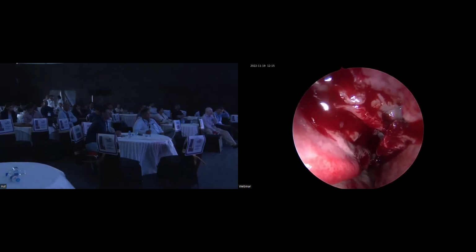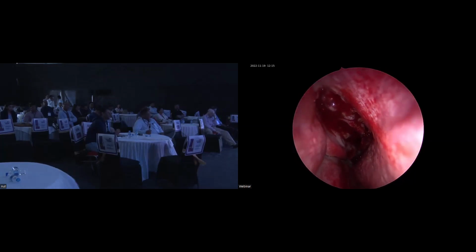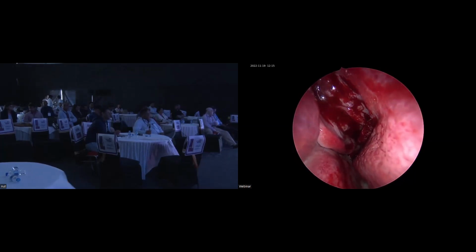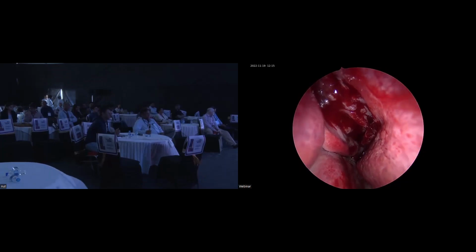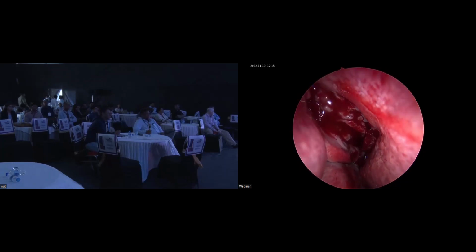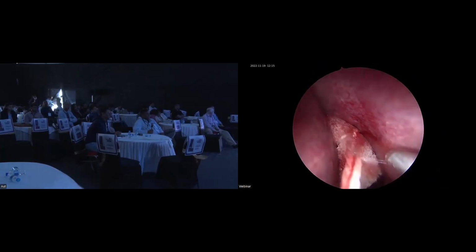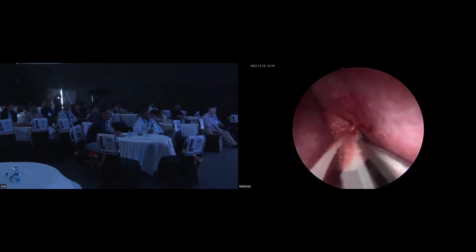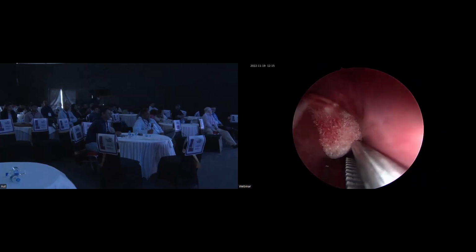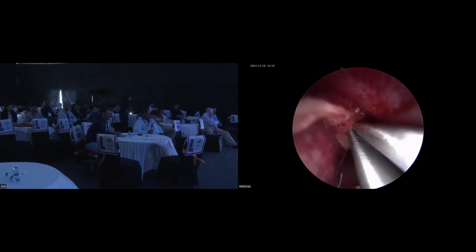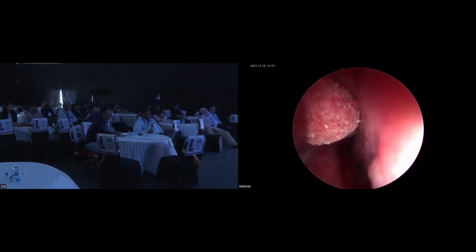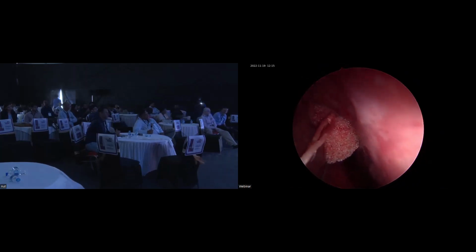So this is again a small piece of Merocel with 4% lignocaine with adrenaline. It acts as an excellent tamponade, as well as causing a good amount of decongestion, and doesn't allow a lot of raw area to be created.